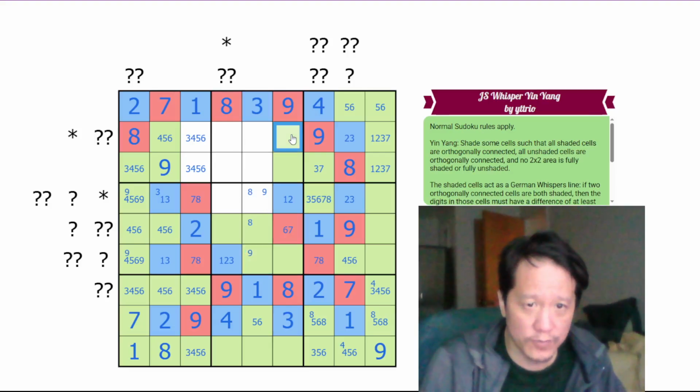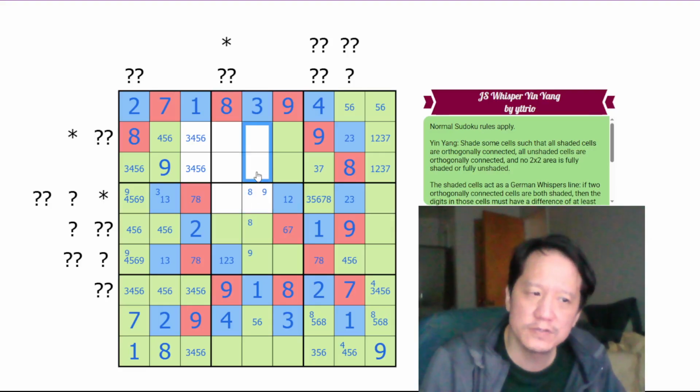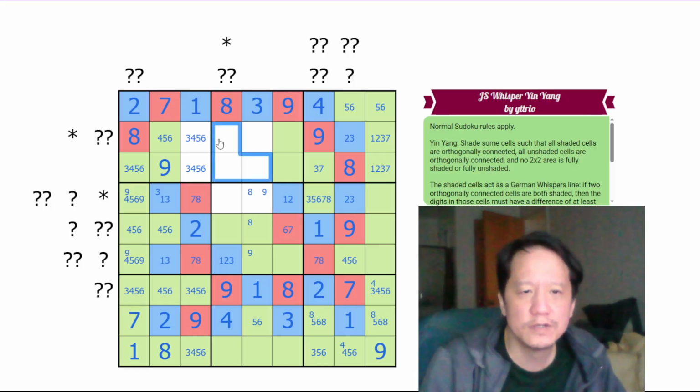Okay, we have to orthogonally connect to one of these. So one of these is guaranteed to be shaded. Could be both, I guess. No, it cannot be both. One is shaded, one is unshaded. So to do that, if this were shaded, this would be unshaded. These 3 would be unshaded.